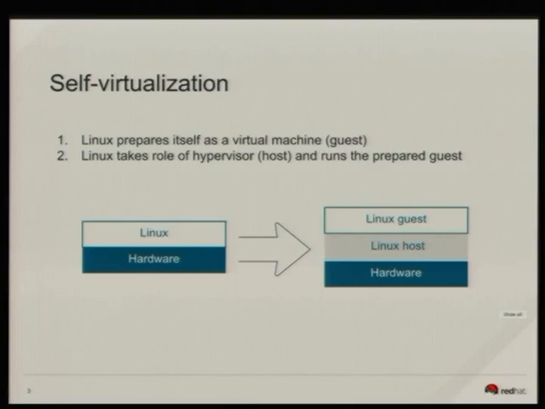Self-virtualization means that the guest and the host are basically the same entity. So it's going to be one part of Linux that controls another part of itself. In the diagram, you can see that Linux is just going to split and install itself over the real hardware.